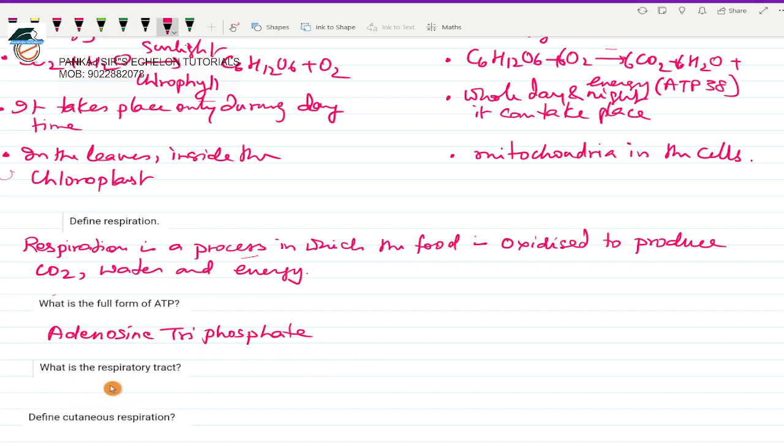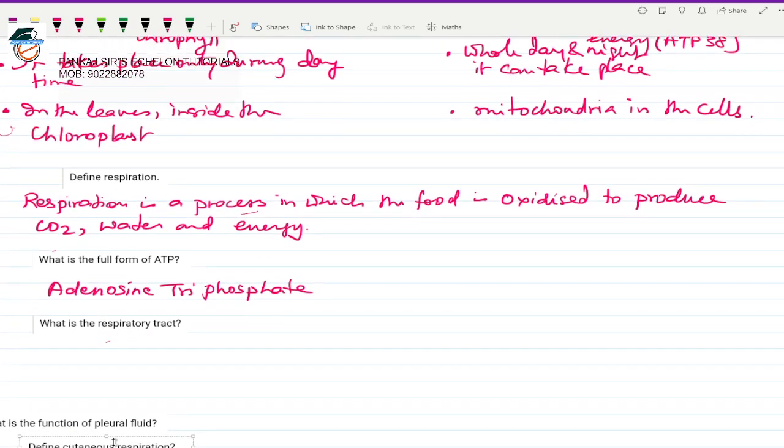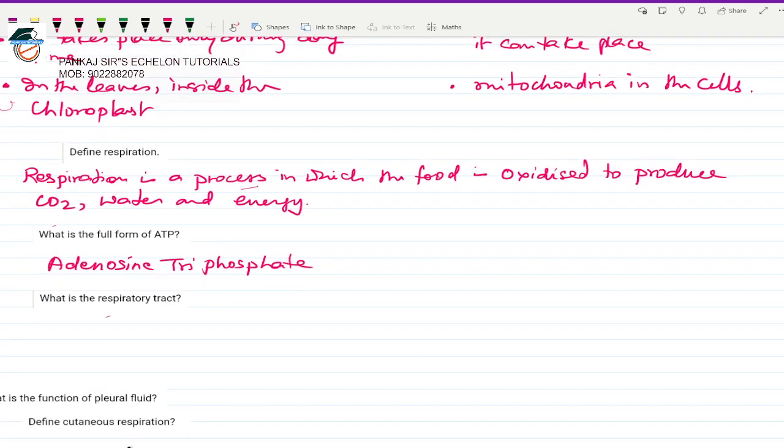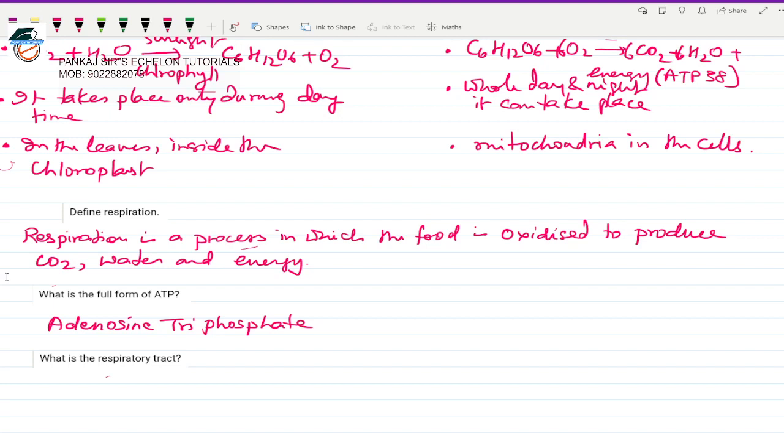What is the respiratory tract? The answer is, starting from nostrils to nasal cavity, trachea, and lungs.